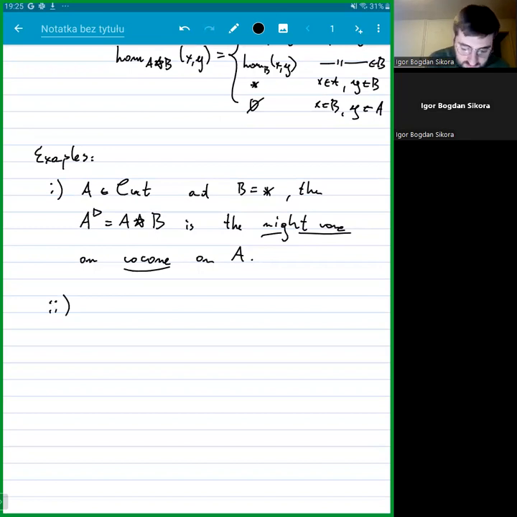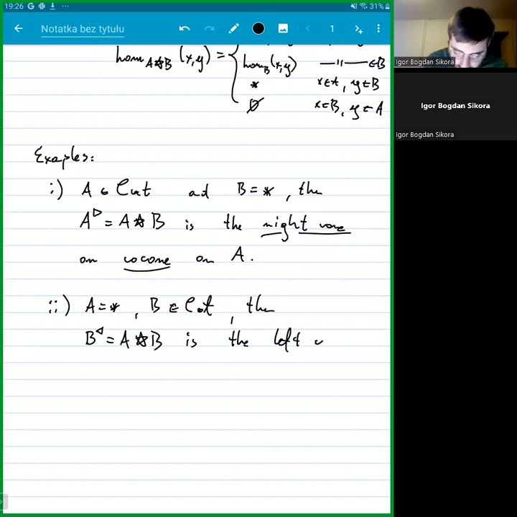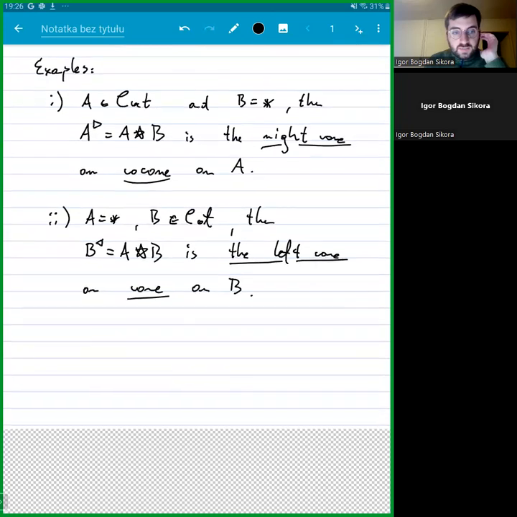On the other hand, if we have A to be a category consisting of one point and B any category, then B, defined as A join B, is the left cone or cone on B. In particular, the first one is relevant for the study of colimits, and the second one is relevant for the study of limits.